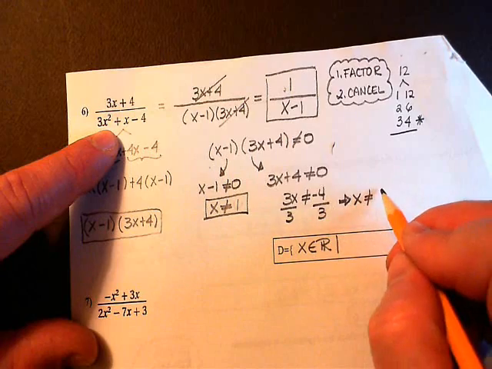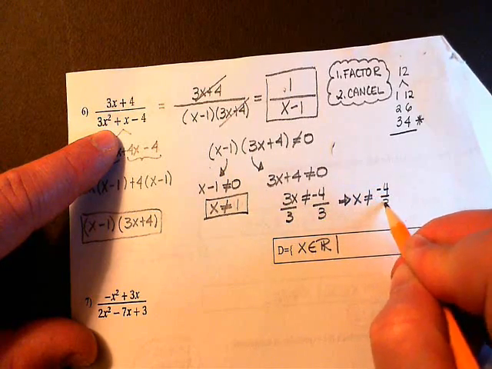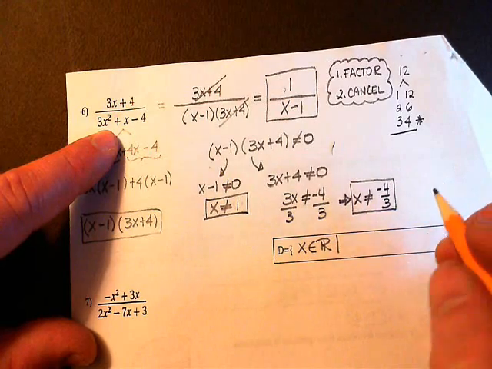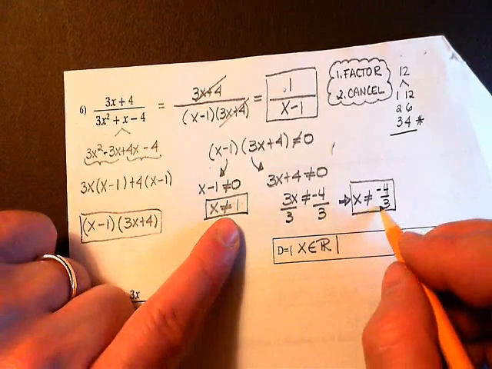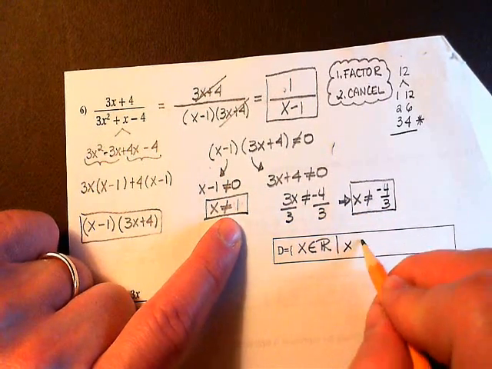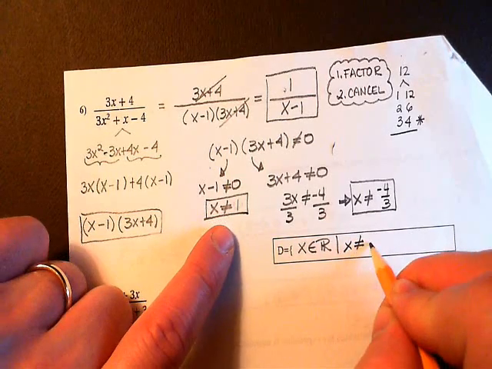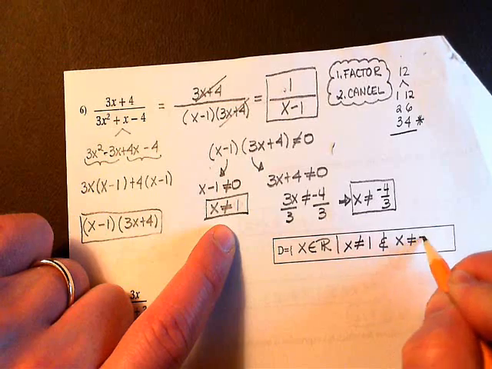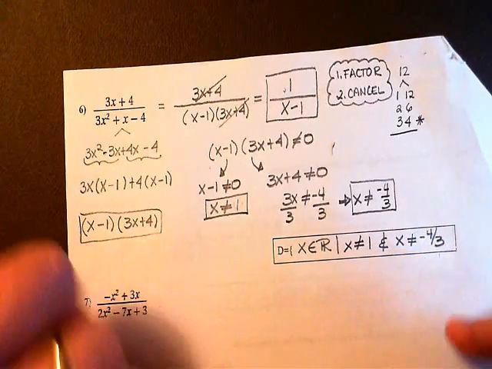That means x must be different than negative 4/3. So basically I'm solving each one for x. And now once I have the answers, I write these answers as part of my domain. x must be different than 1, and x must be different than negative 4/3.